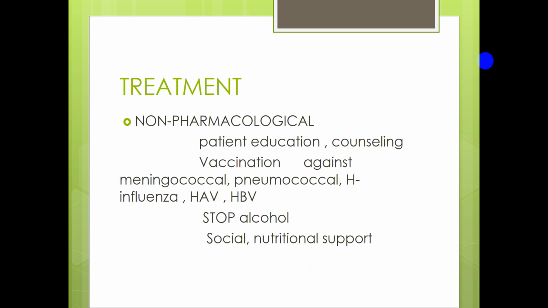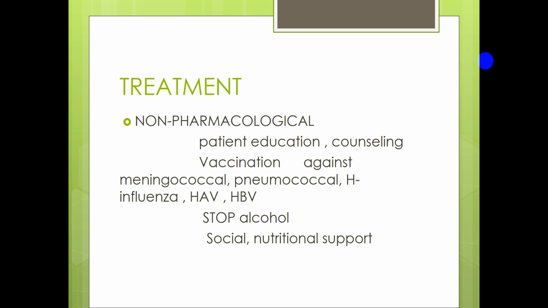The treatment in any of the abdomen cases would be non-pharmacological, pharmacological, and surgical, or non-specific, specific, and surgical. Non-pharmacological or non-specific would be patient education, patient counseling about his condition, vaccination against encapsulated organisms like meningococcus, pneumococcus and H. influenzae, and against HAV and HBV.